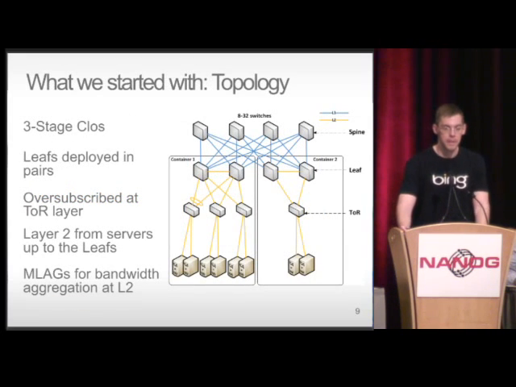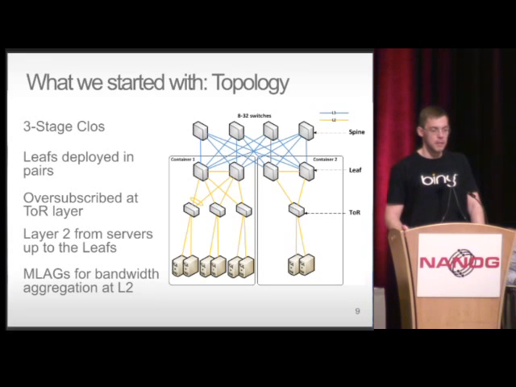Our initial design was exactly a Clos topology, which had anywhere from 8 to 30 switches in the spine layer, and which connects our containers, because we mostly use container deployments in the data centers, and links them into a single fabric inside the data center.